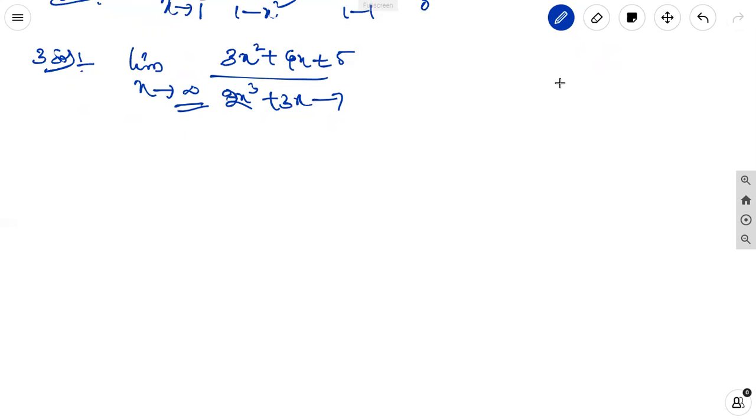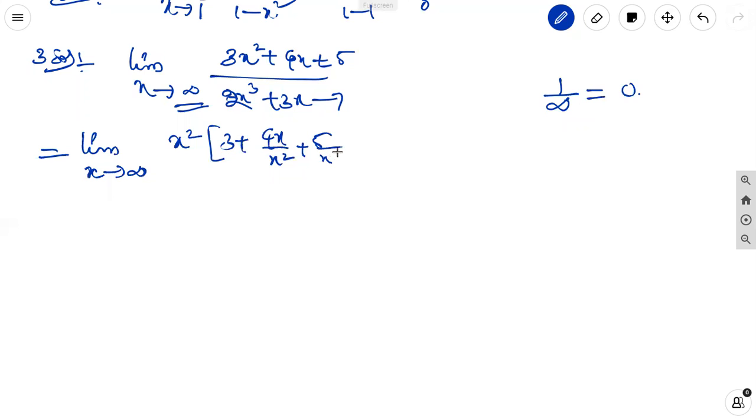But x tends to infinity means we know that 1 by infinity equal to 0. So in that case, we can take the highest degree term of x in the numerator and denominator common. That is x square into (3 plus 4 by x plus 5 by x square) by x cube into (2 plus 3 by x square minus 7 by x cube).